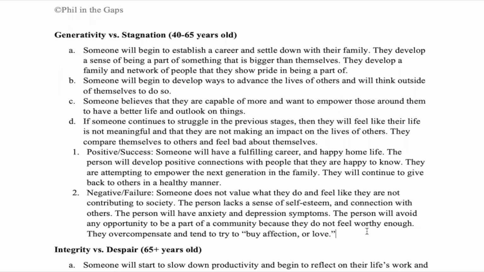So they overcompensate and try to buy affection or love from other individuals. They're not fulfilled with who they are, so they feel like I have to give and give and give in order for people to accept me in some way, shape, or form.